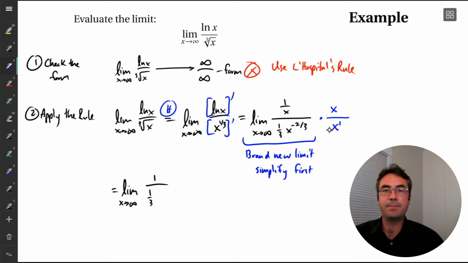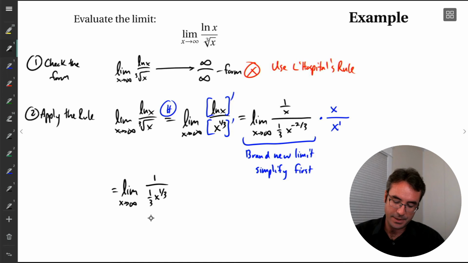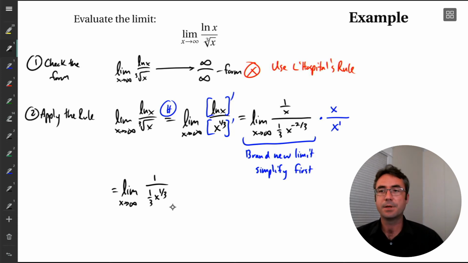And when we multiply powers of x, we just add the exponents. So we go from negative 2/3 and we add 1, bumps us up to positive 1/3 down there. All right, so now we have this brand new limit. This is pretty good. I don't think we can simplify this any further. Maybe we could. We have this 1/3. Maybe if we did a times 3 over 3, maybe that would be helpful.